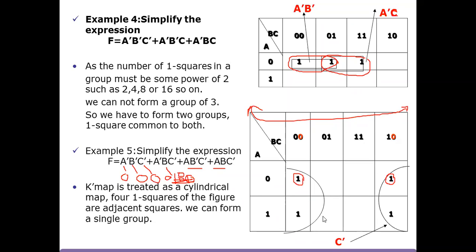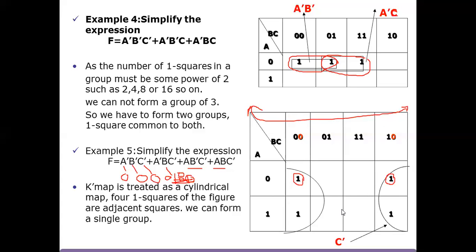You can form as few groups as possible, but which are as large as possible. So you can put all the 4 terms or all the 4 ones into a single group, thinking that way, like a cylinder. So these are adjacent cells. And when you consider this as a cylinder, this is also adjacent to this one. That's why we can make it.